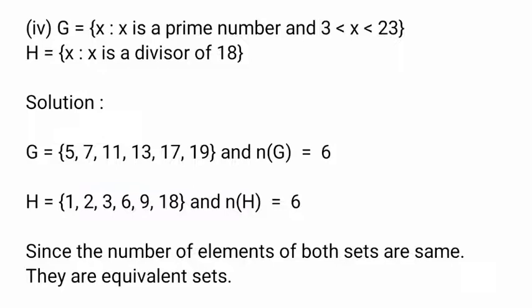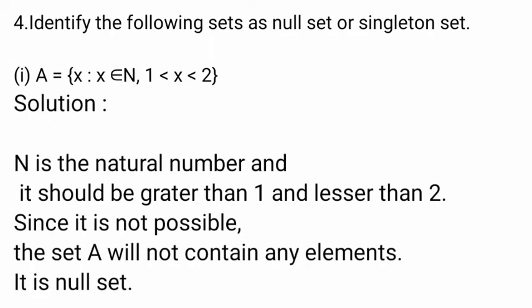And the second set H equals the divisors of 18, that is 1, 2, 3, 6, 9, 18. Here also n(H) equals 6. Since the number of elements in both sets is the same but the elements are different, they are equivalent sets. Can you understand? Okay.